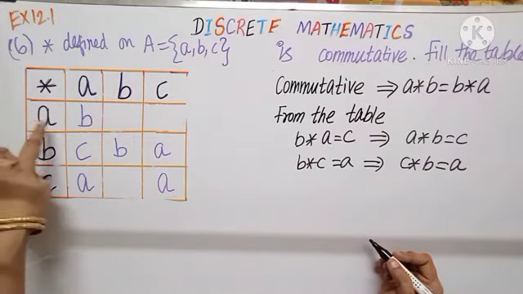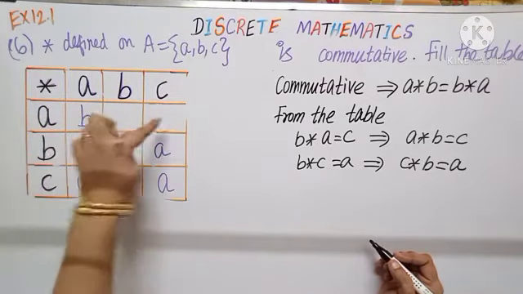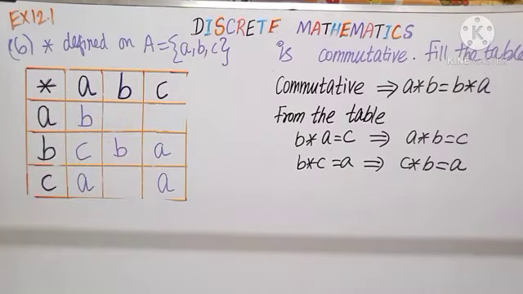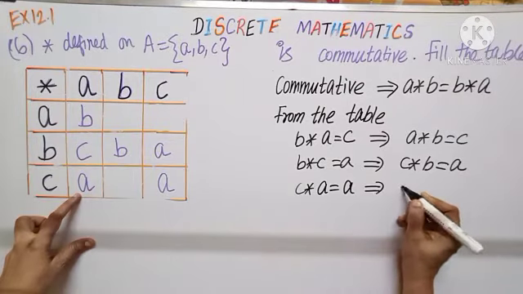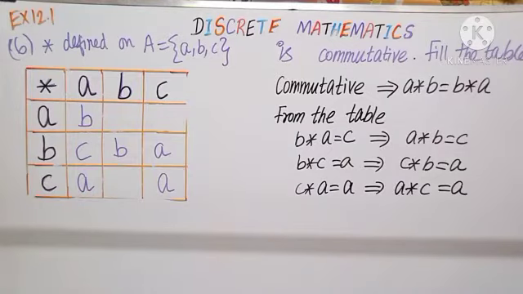So we got what is AB, we got what is CB. Next AC we have to find out. It is A, which tells me A star C is also A. So we need to fill the 3 boxes which we have identified. Let us fill up the answer now.